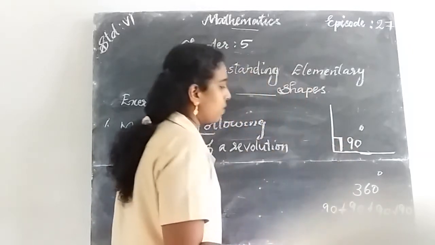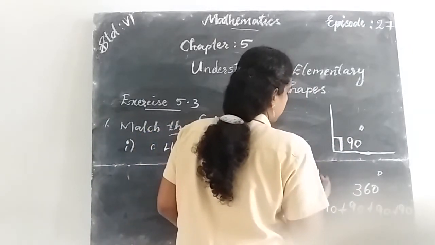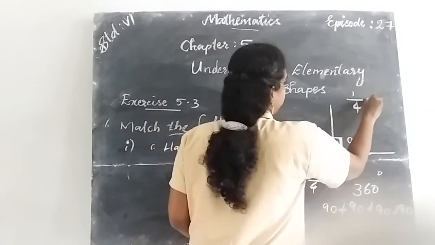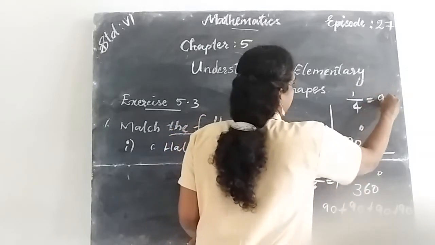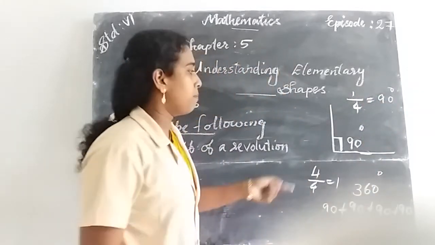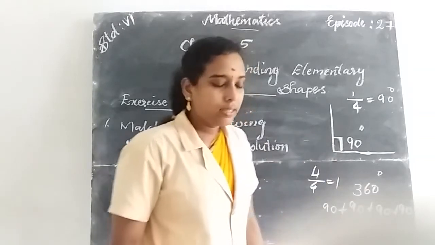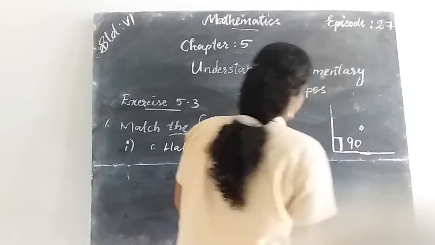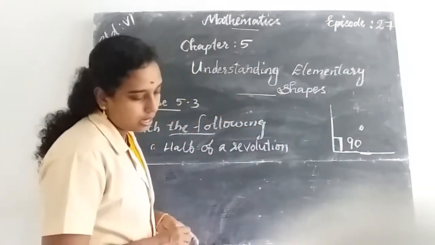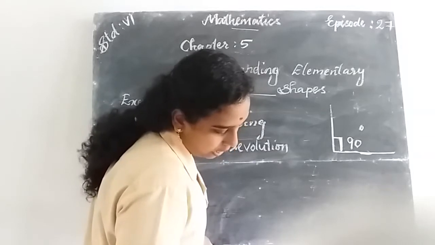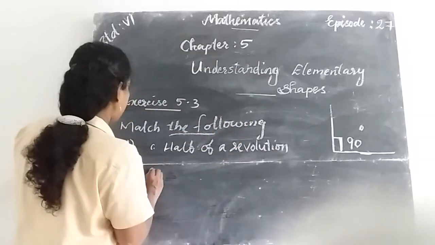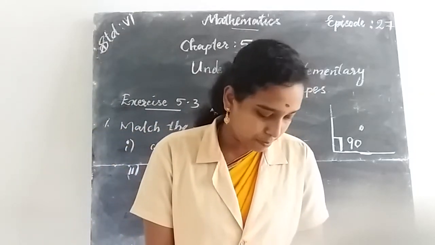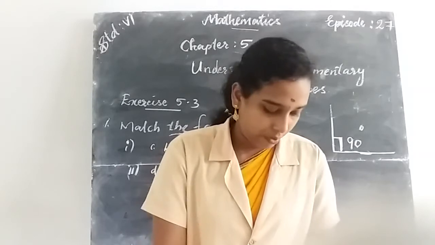Completing one revolution is 4/4 equal to 1, that is 360 degrees. 1/4 means 90 degrees, and half of a revolution means 180 degrees. So the right angle is matched with option D, 1/4 of a revolution.